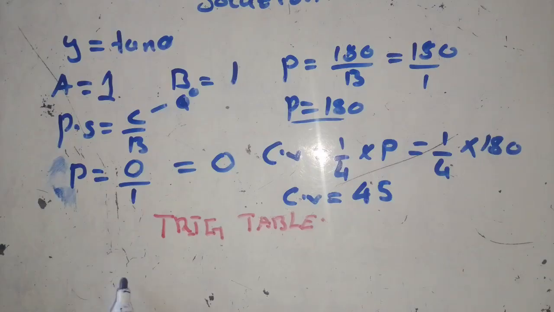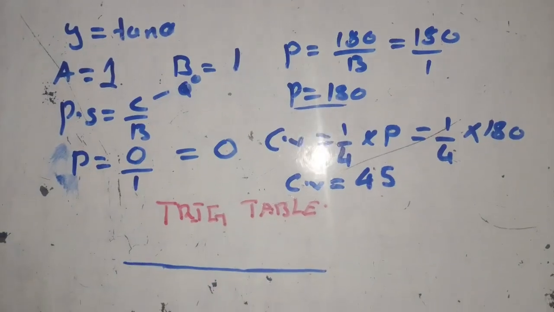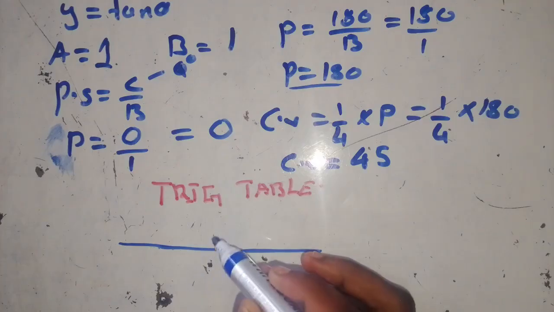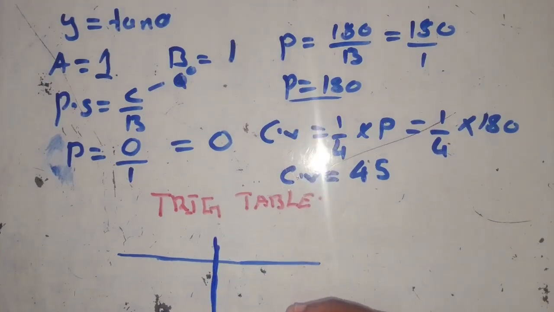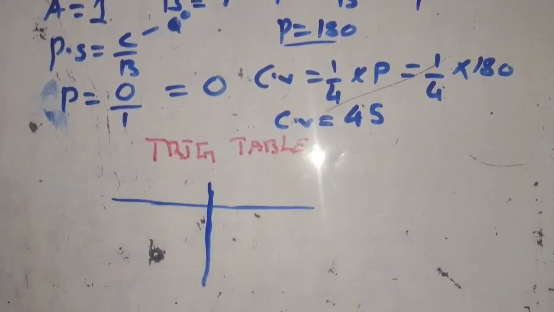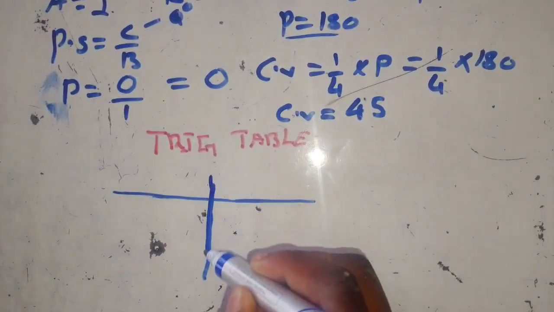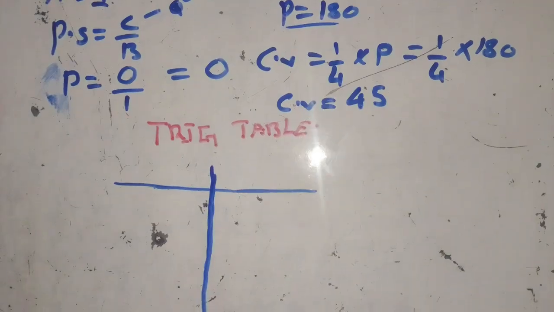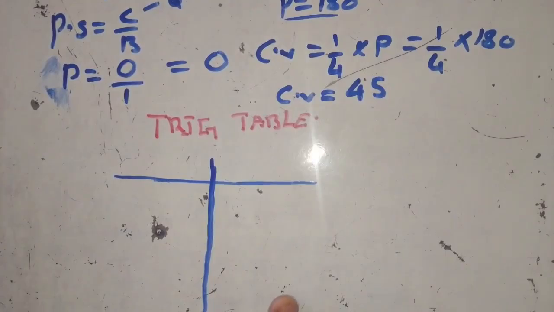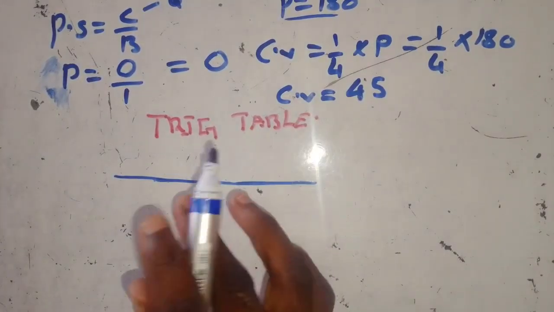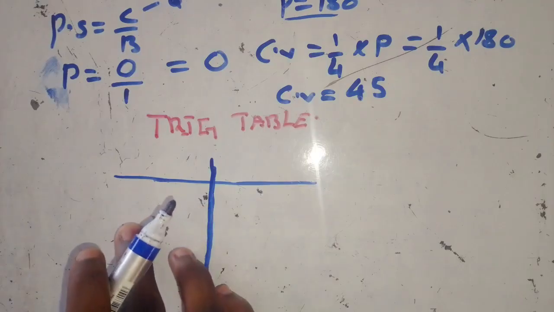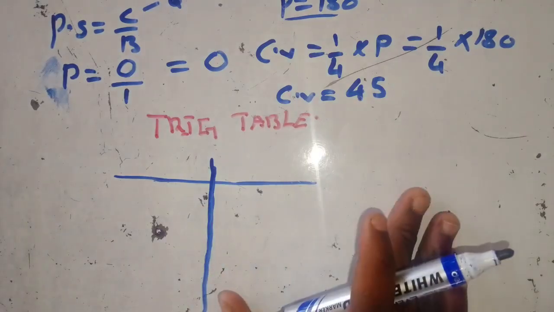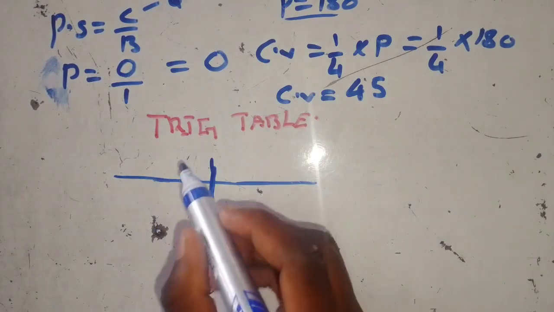You have the line here, and this line is divided by another line. This is just a rough redrawing. On this side we have the x values, and the x values are the same as theta.